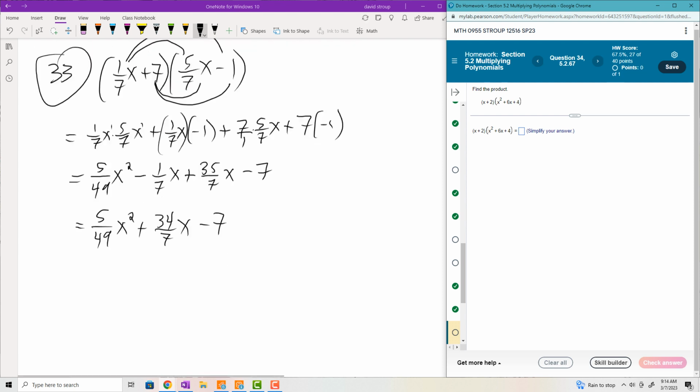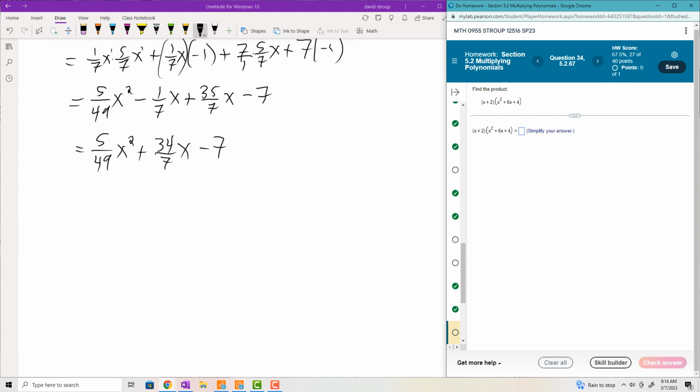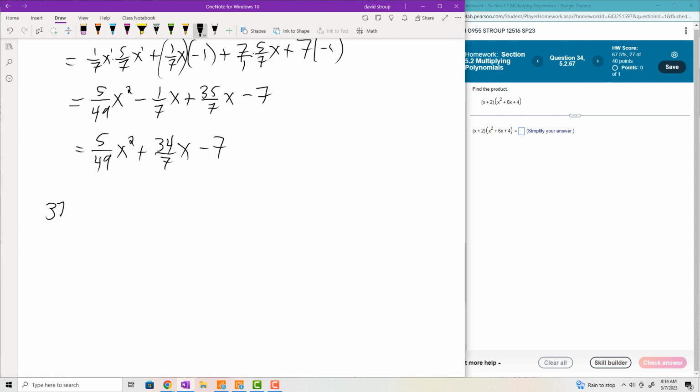Okay, multiplying now a monomial times a trinomial. So it's just distribution on steroids, right? So instead of distributing the x to 2 terms, you distribute it to the x squared, the 6x, and then the 4, like this. So you go this times, and then plus that times that, and then this times this, and then you have to do the 2.